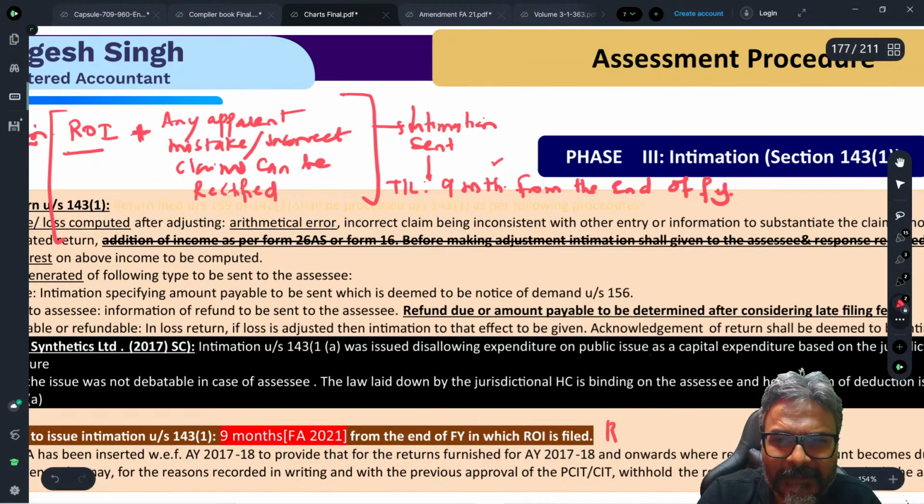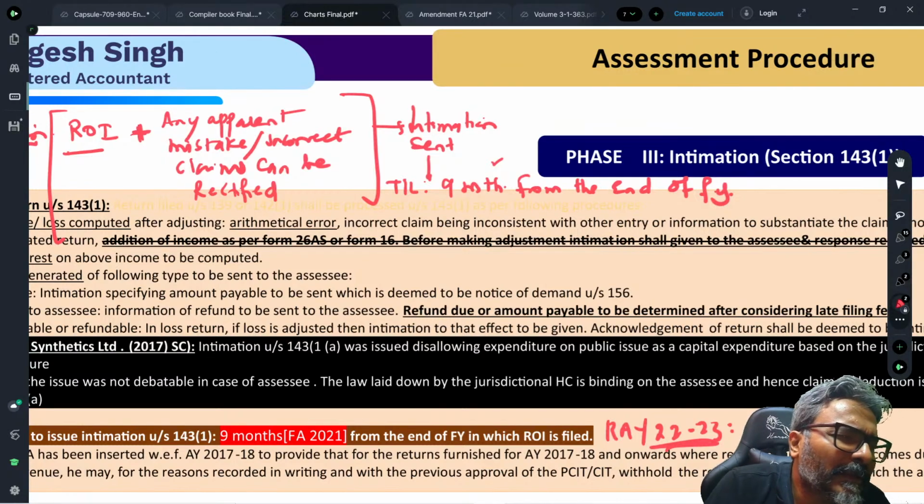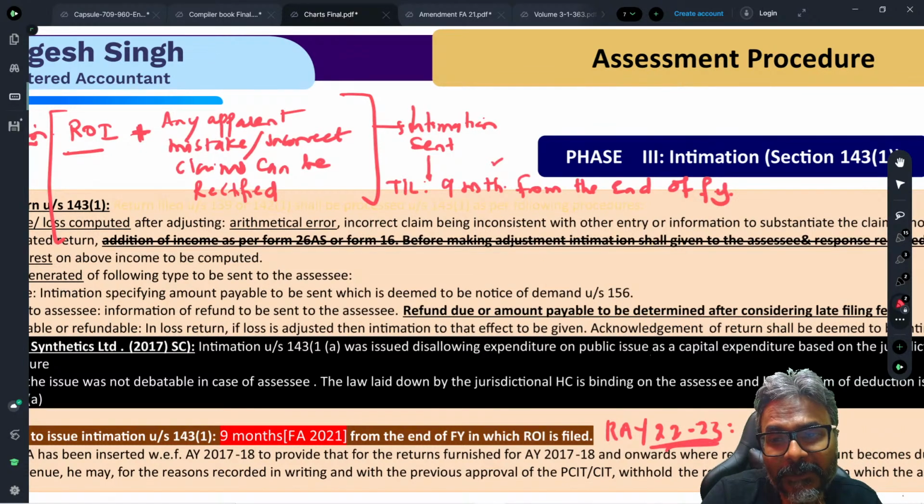So for the relevant assessment year 22-23, the financial year in which you file the return of income is 22-23, not the financial year for which you are filing the return of income.